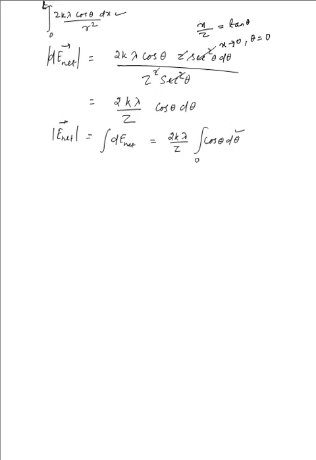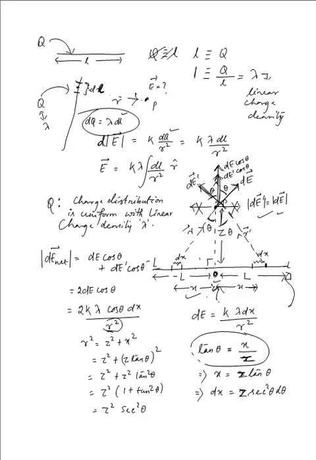Now for x is equal to L, what do we have there? When x goes to L, over here, the value of theta is somewhat like this. I'll redraw it in the next page.